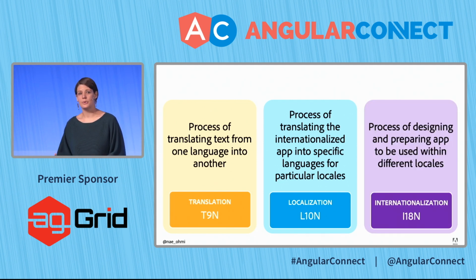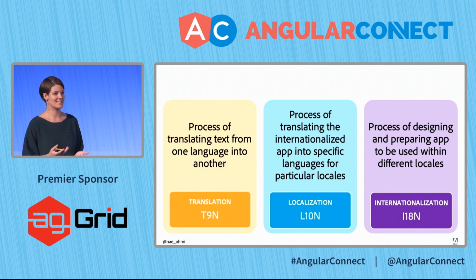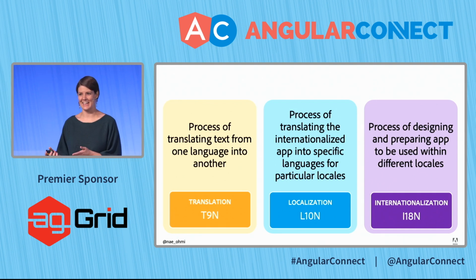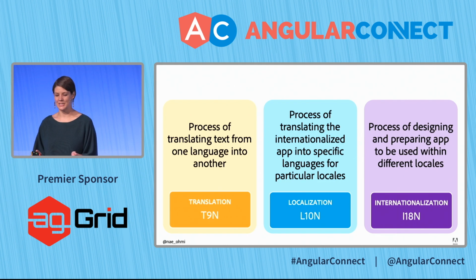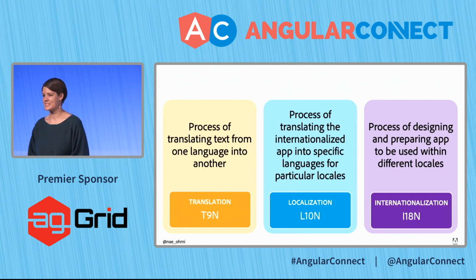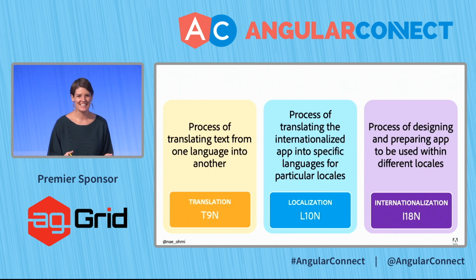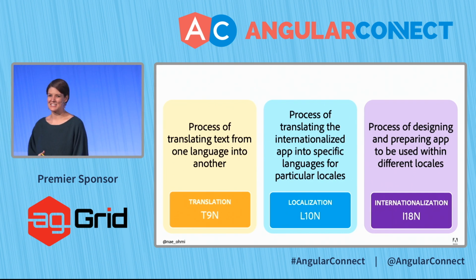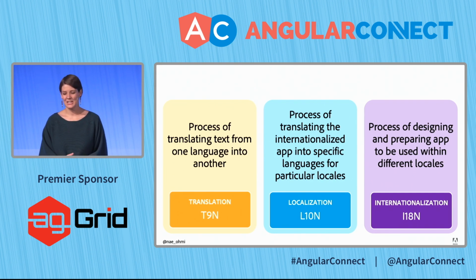The next level up of granularity is internationalization, or i18n. And internationalization is the process of designing and preparing the app to be used within different locales. And keywords here are design, that's our layout, our UX, our CSS, and preparing.